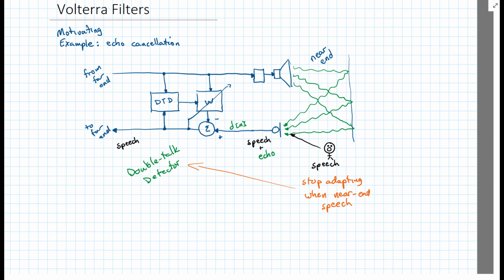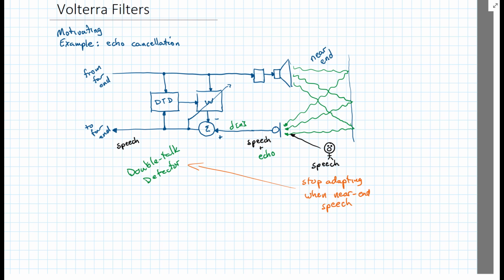So it will be monitoring the far end signal and the near end signal and determining when there is speech occurring at the near end, and at that point it will turn off adaptation of your adaptive filter. When the speech goes away, it turns it back on. It may even be a little bit smarter than that.